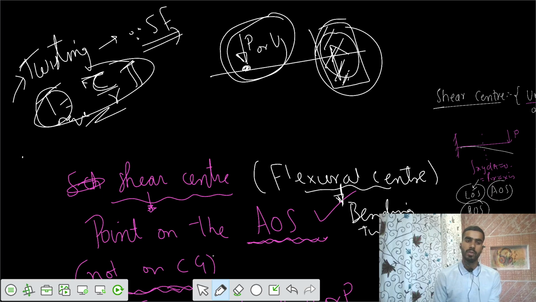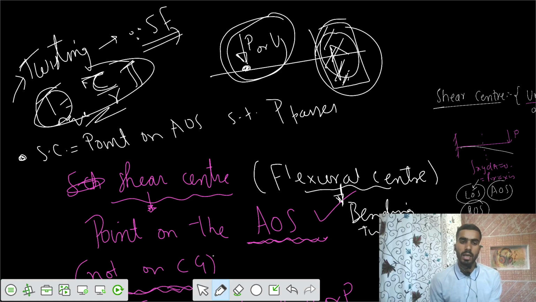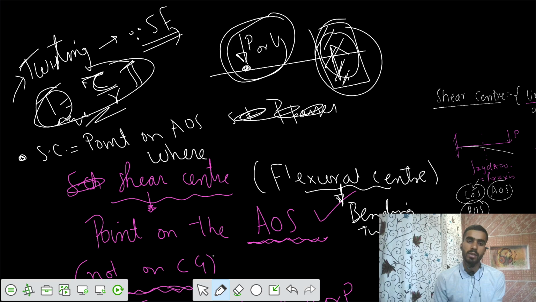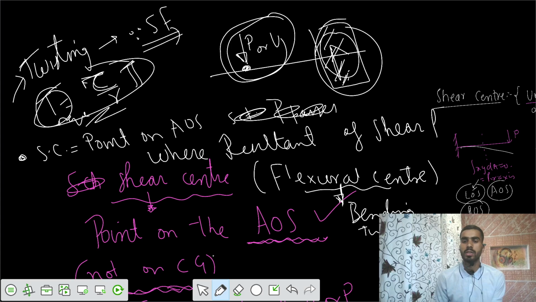I would say one more definition: the shear center is the point on the axis of symmetry where the resultant of shear forces passes through.